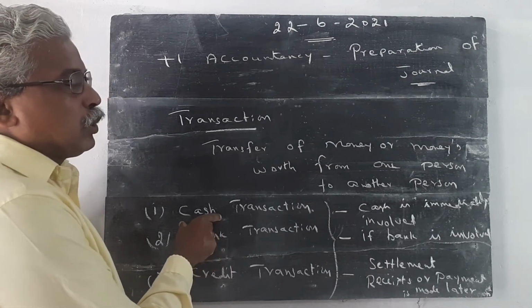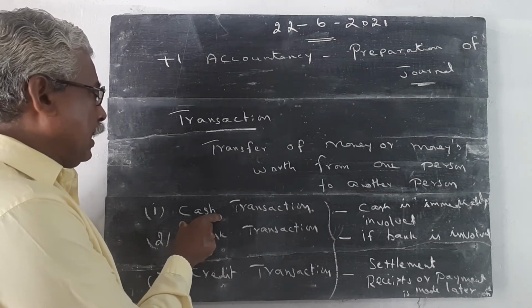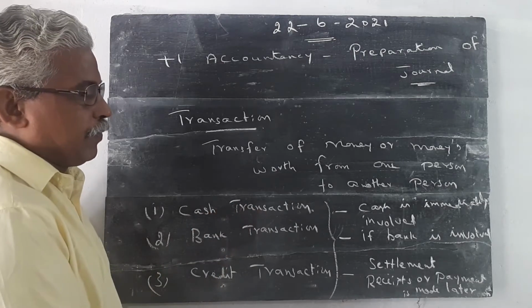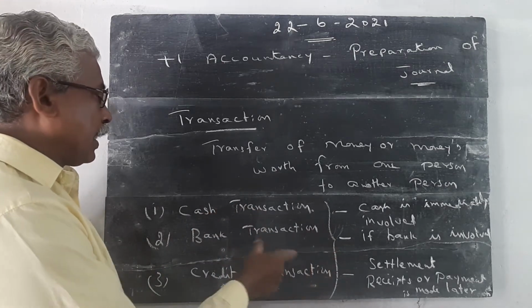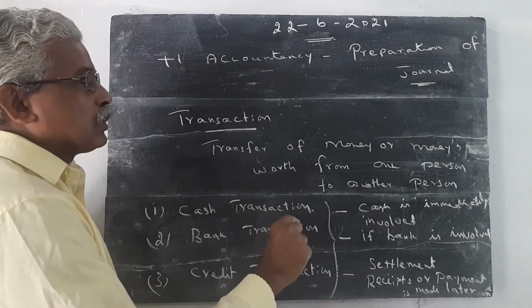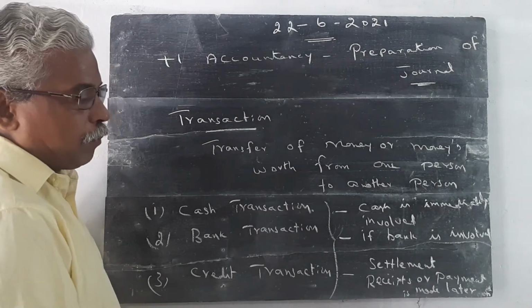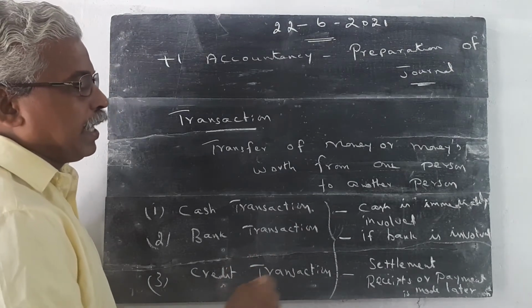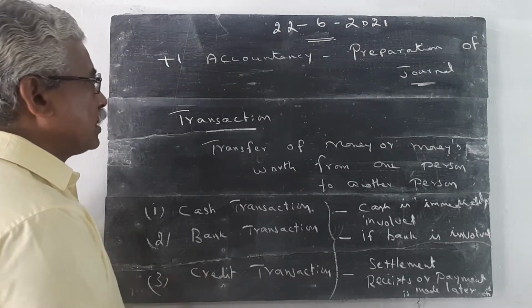When cash is paid or received immediately, it is a cash transaction. If bank is involved, it is a bank transaction. If cash is not paid immediately, but the receipt or payment is made later, it is called a credit transaction.